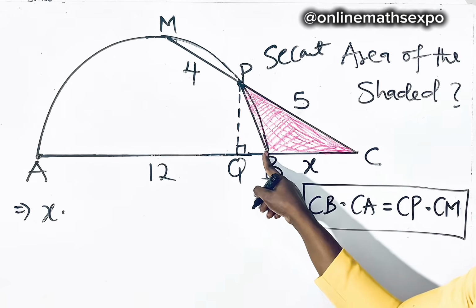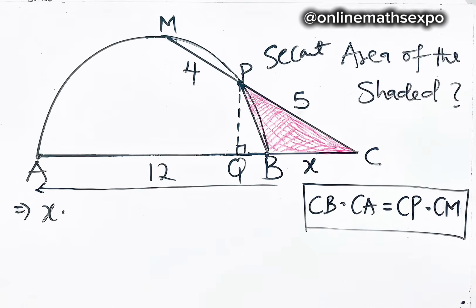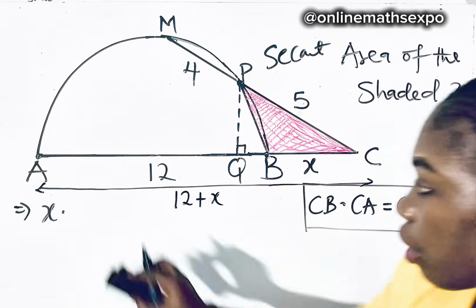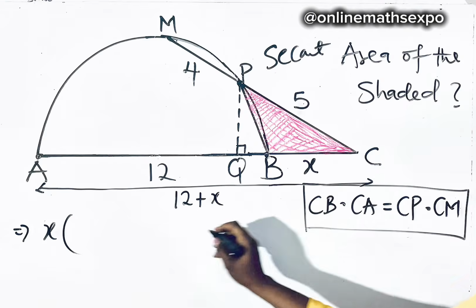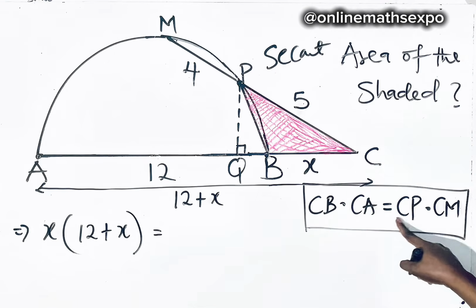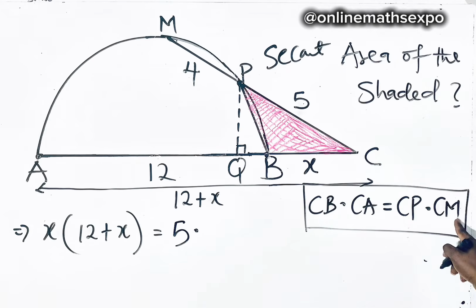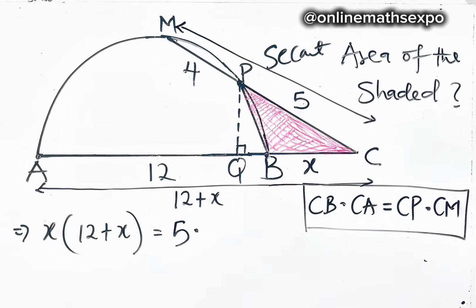From here to here is 12, and from here to here is X. So the whole length is 12 plus X. So we have X multiplied by 12 plus X is equal to length CP, from here to here is 5, multiplied by length CM, the whole length, which is 9 units.